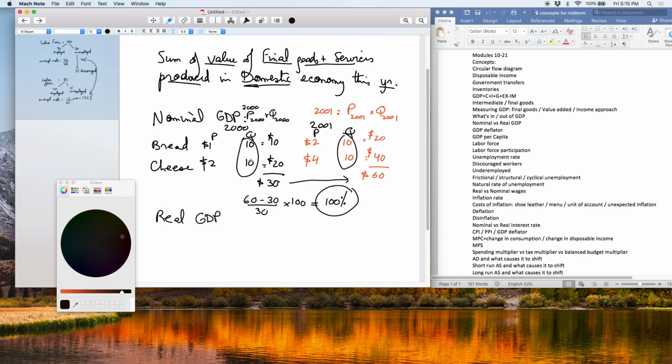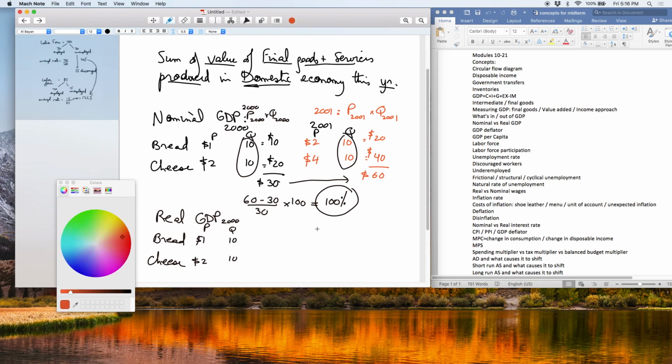Let's say 2000 is the base year, and I'm going to use the prices from that year for every year thereafter. In other words, here's bread, here's cheese. The price in the year 2000, that's my base year, is $1, $2, and the quantity is 10 and 10.